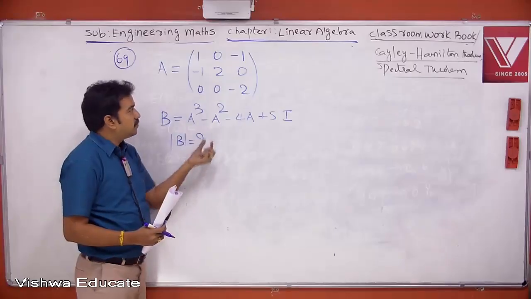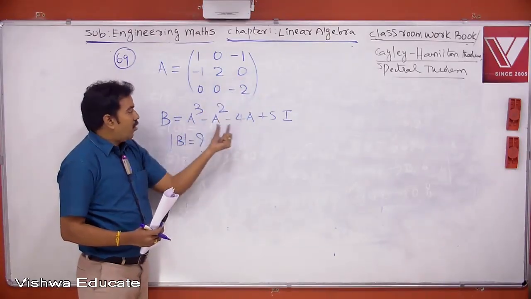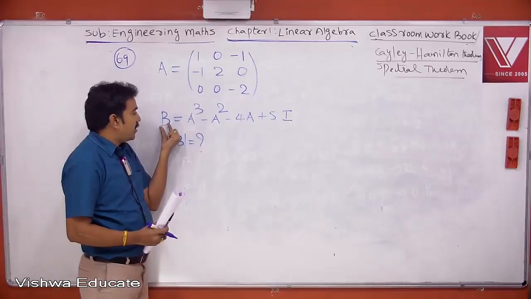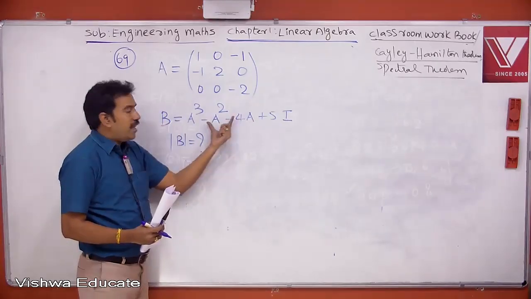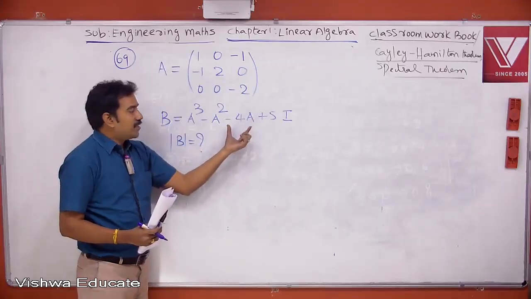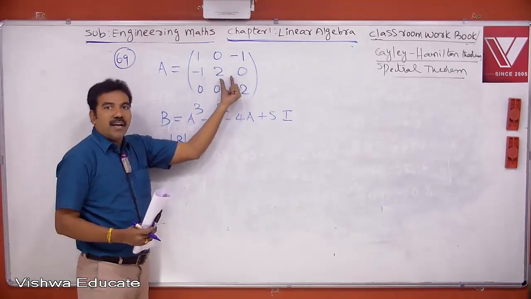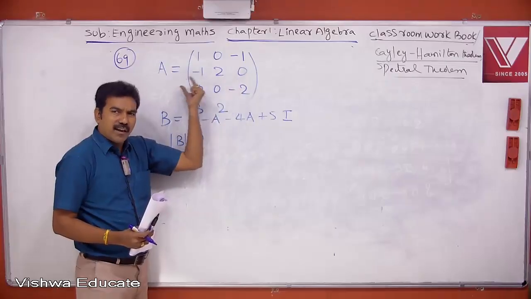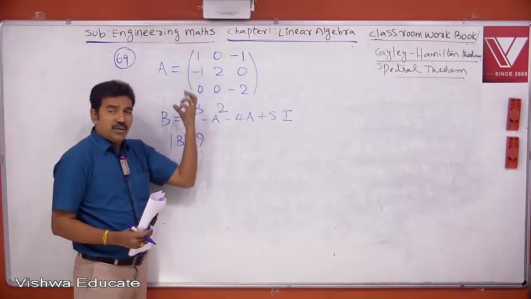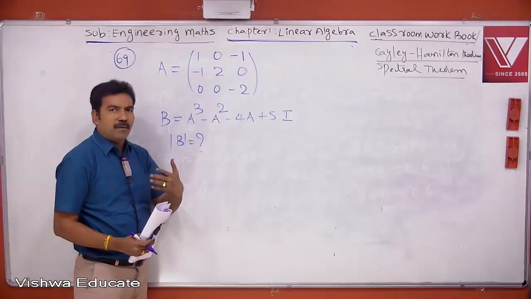I repeat once again. A is given like this, a 3 by 3 matrix. They were asking the determinant of this matrix B, where B equals A cube minus A square minus 4A plus 5I. So this is an expression in terms of A. First let us find eigenvalues of A, either by characteristic equation, or by uniform sum property, or by singular matrix, whichever is applicable.